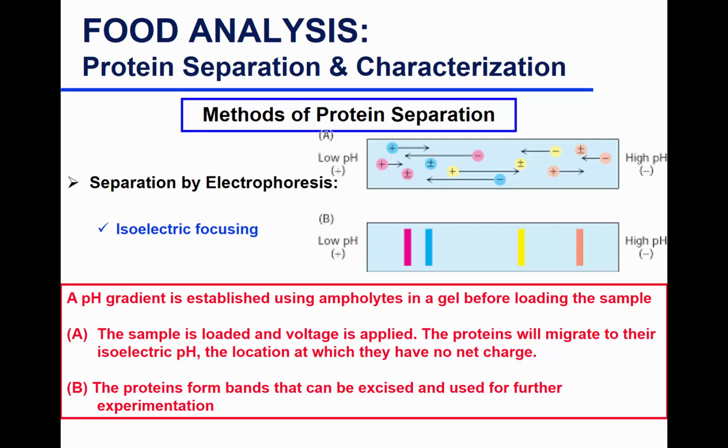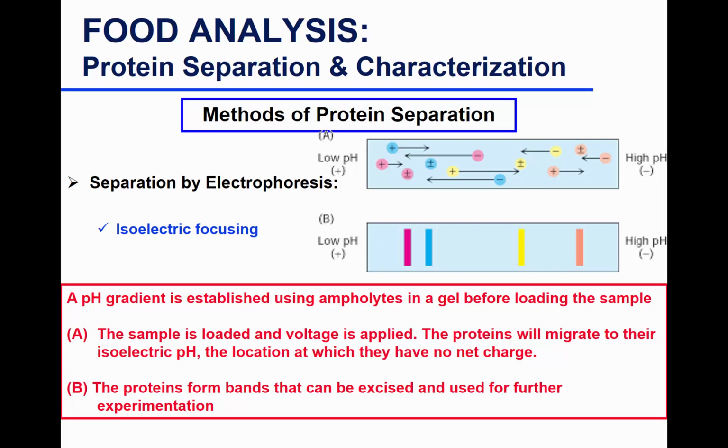How do we do that? We apply at one end a mixture of ampholytes. These are small polymers that carry both positive and negative charges. And then we apply the voltage, and then they will start separating and moving.